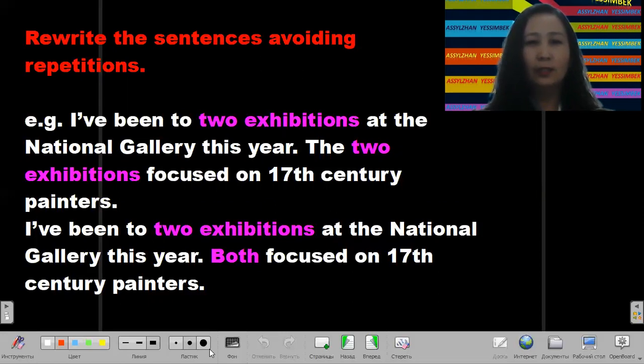If you notice, in the two sentences the words two exhibitions are used twice. So how to avoid it? I've been to two exhibitions at the National Gallery this year. Both focused on 17th century painters. In the second version, two exhibitions is replaced by the pronoun both.